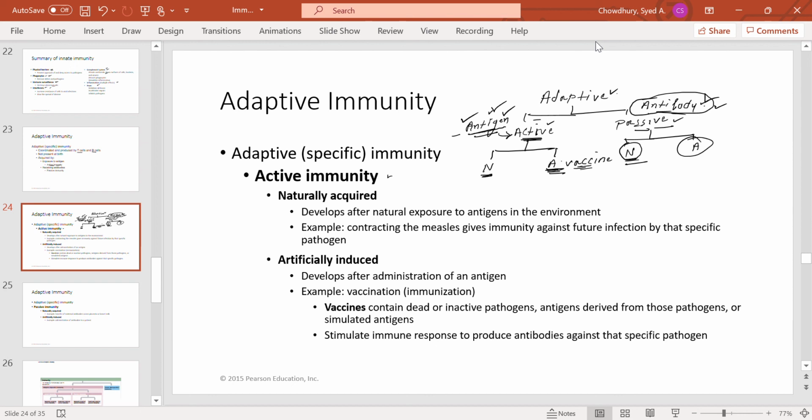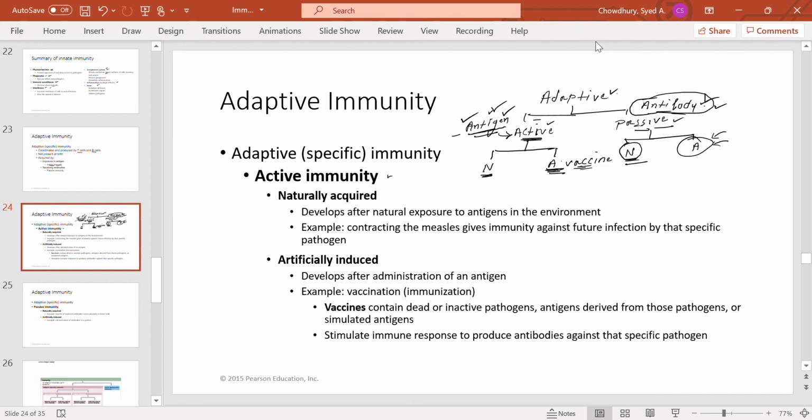And artificial, if someone gets HIV, AIDS, that HIV or AIDS virus do what? Destroy the T cells. That means destroy the immune system or function of your body. So that person's body's immune system is almost destroyed. So what you have to do, since that person's body cannot produce antibody or immunity, you have to give antibodies directly from outside.